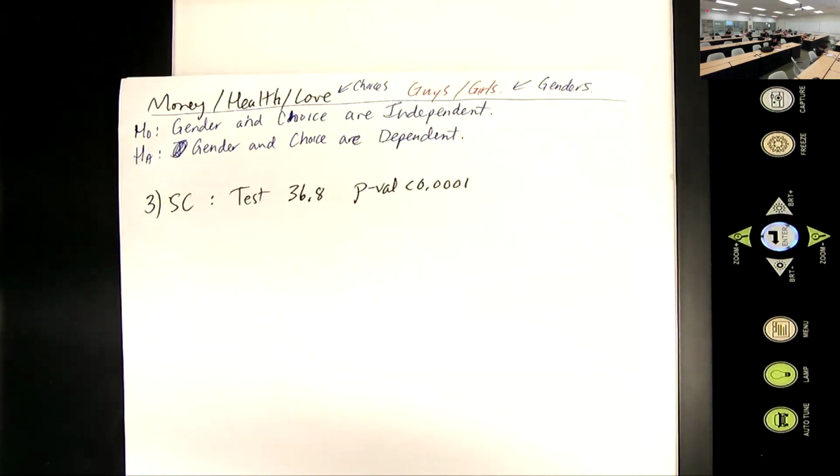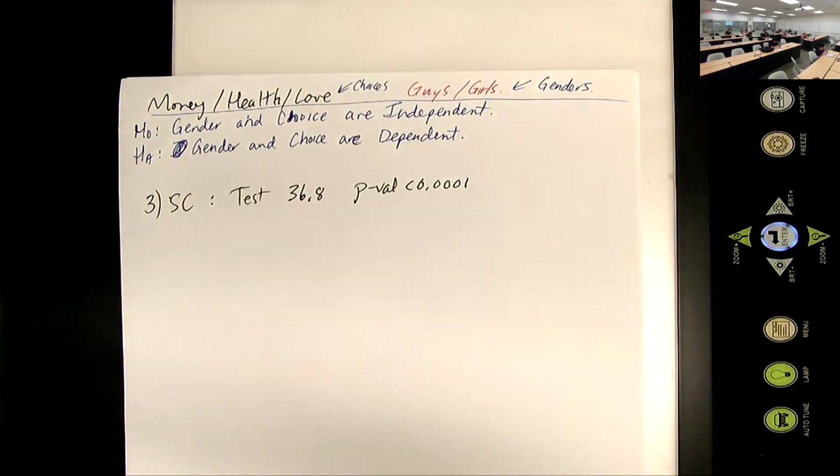It sure looked like it was, because a lot higher percentage of guys picked love than girls. And opposite for health. That's step one.